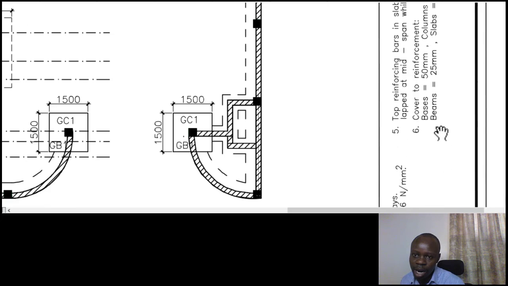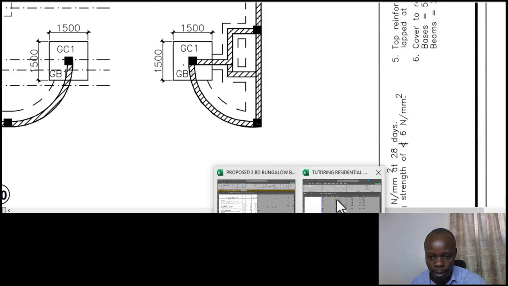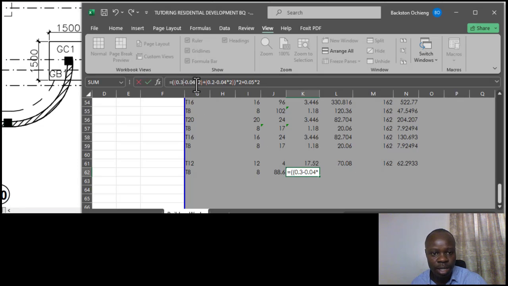Beams are having a cover of 25 millimeters. So you notice the covers are changing from one point to the other. So the beam cover is 25, so that is not 40 anymore. So it's 0.025 times 2. Then you add now for the longer side, the shorter side, it was 300 by 200, so it's still 200, but then this one is 25.